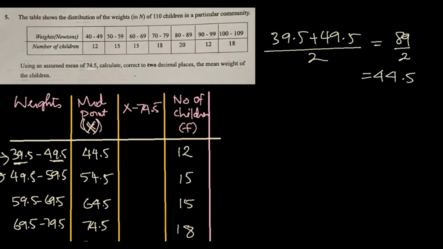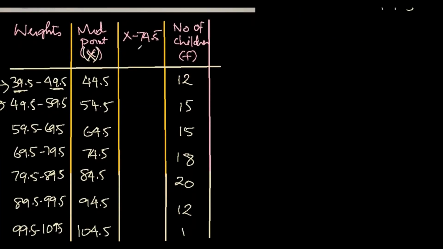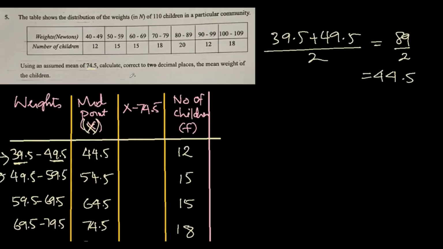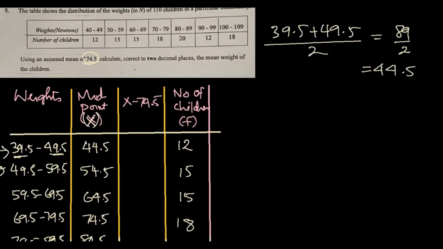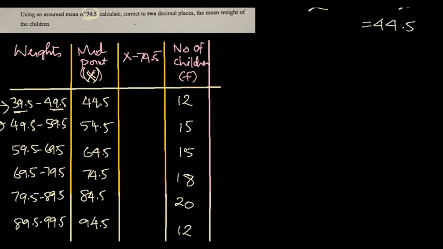Okay, now the next step should be that we should subtract 74.5 from each one. The assumed mean is 74.5, so we will remove that one. The purpose is that these big numbers become simpler and smaller. That's why we subtract the assumed mean.